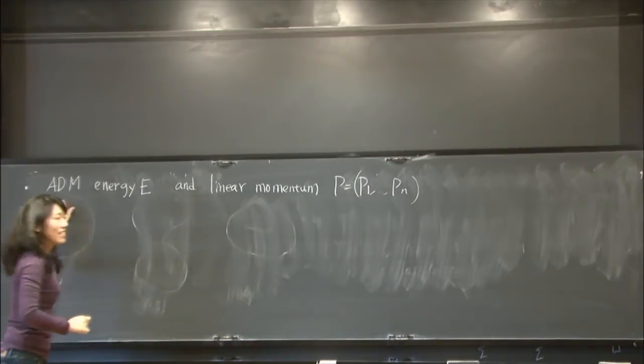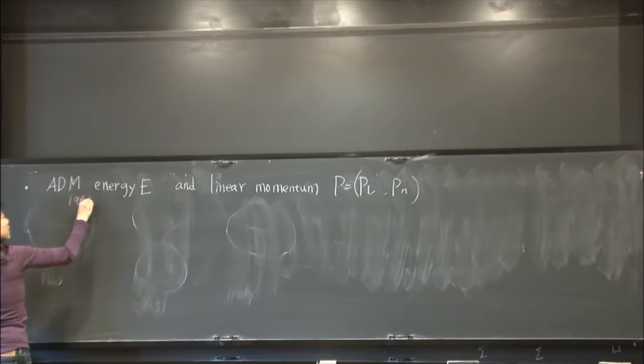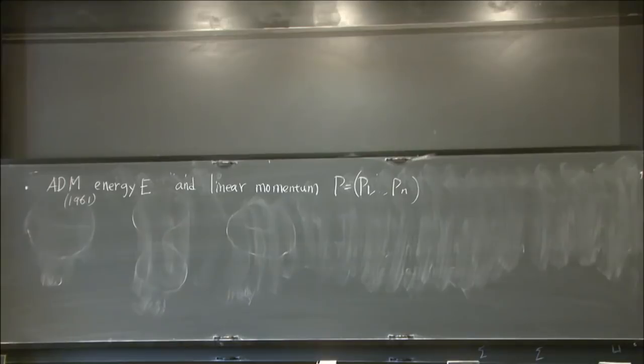This idea is named after physicists. I think they defined those numbers around this year. And when they defined it, of course, they immediately asked, if you want to call the number energy, whether it's really non-negative, right? That is how the positive mass theorem came out after the definitions.